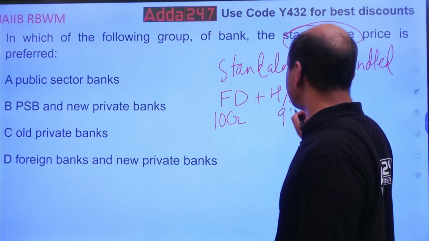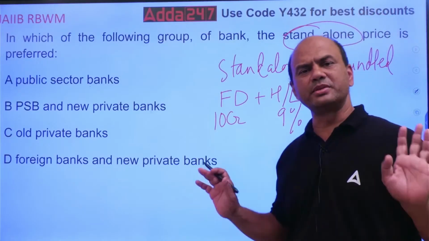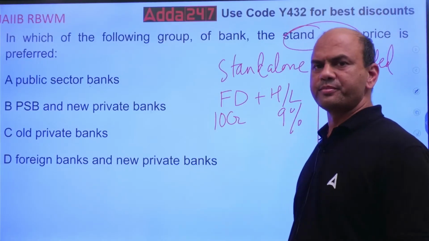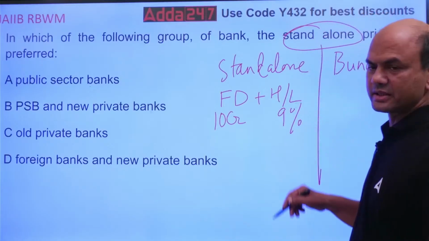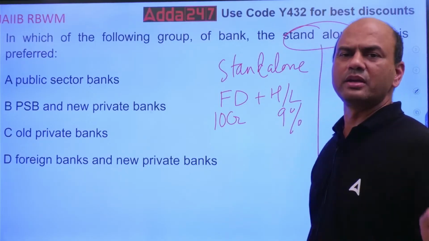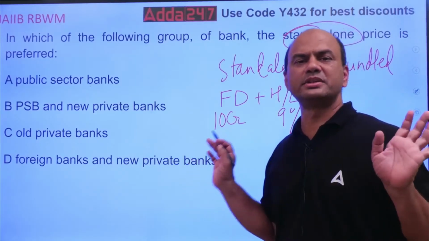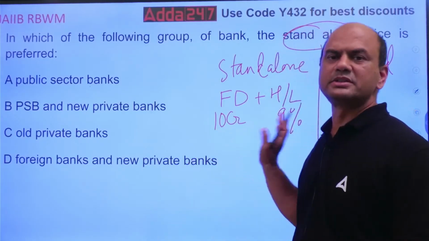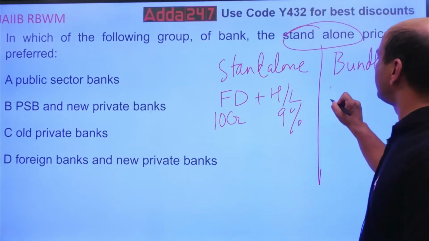Let's say, I am giving an example, home loan rate is 9%. In standalone pricing, you will charge me 9% only. You will say nothing doing, keep your FD aside, my rate is 9%, I will charge 9%. So, standalone. Bundled: FD 10 crores.